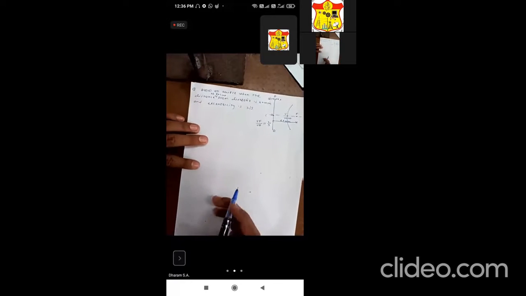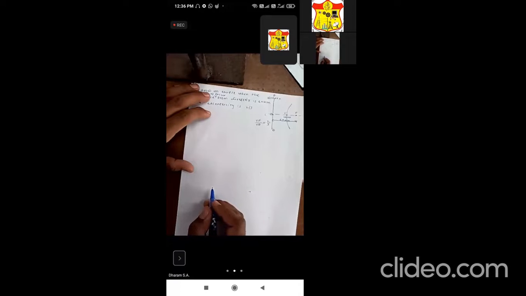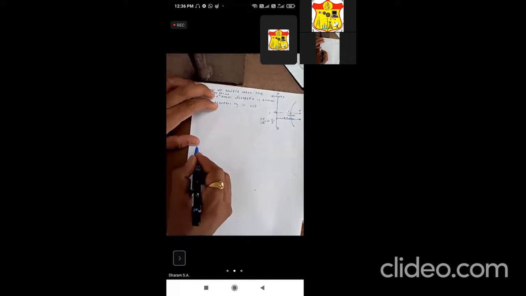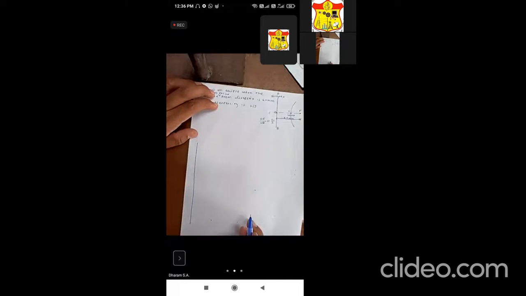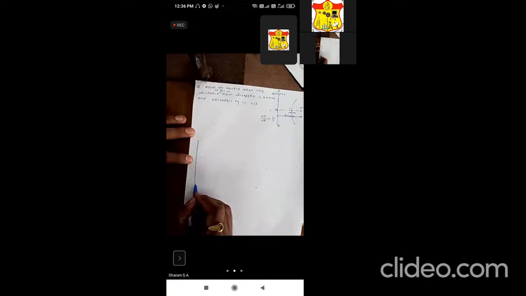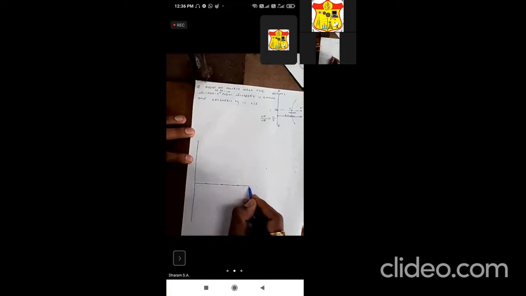First of all, draw one vertical line. It is nothing but the directrix. Then draw an axis.